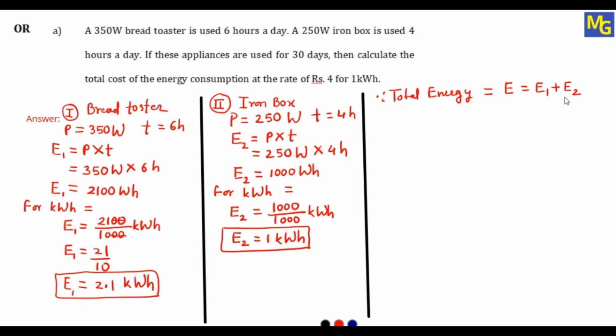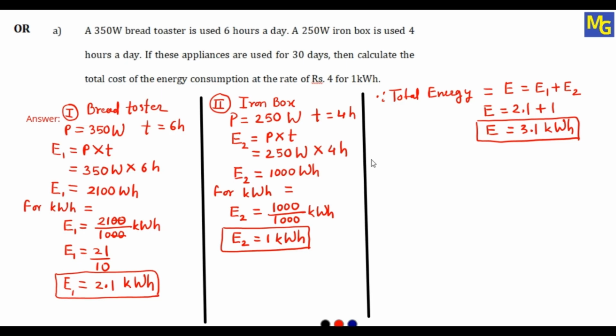So we will write like this. Capital E is equals to, what is E1? E1 we have got 2.1 plus, and this E2 we have got 1. So our total energy E will be 3.1 kilowatt hour.